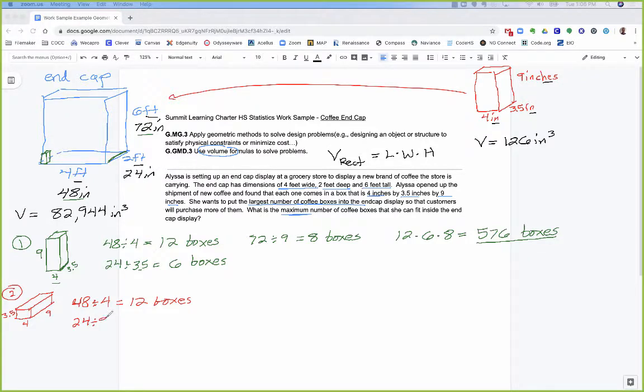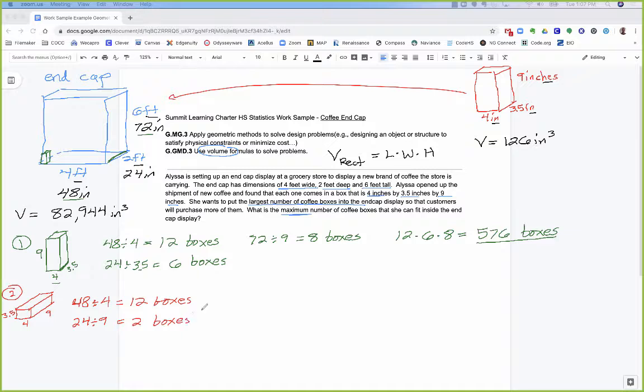So divided by 9 means I can only fit 2. There's 2 and a change, right? What is 24 divided by 9? It's 2 point something. It's 2.666, so 2 2/3. So I can only fit 2 boxes. I can't fit any more than 2.